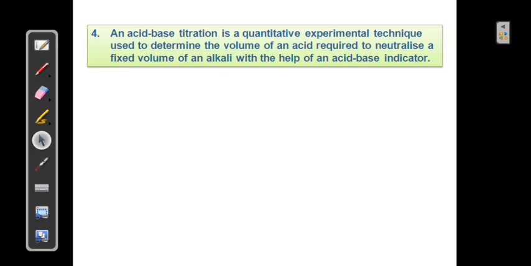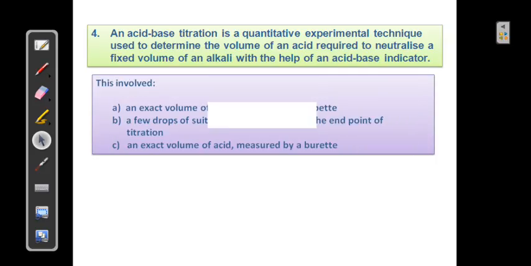You can see the difference there, right? Now if you put the same indicator into an acidic solution, it will be orange or red. Then when you add the alkali to neutralize it, eventually it will also turn green. That means the total neutralization has been completed, meaning they have reached the end point. You need that indicator to let you know whether the point has been reached or otherwise.